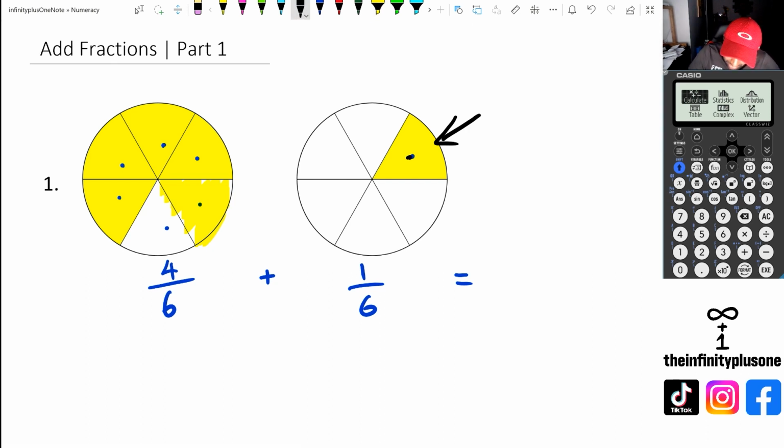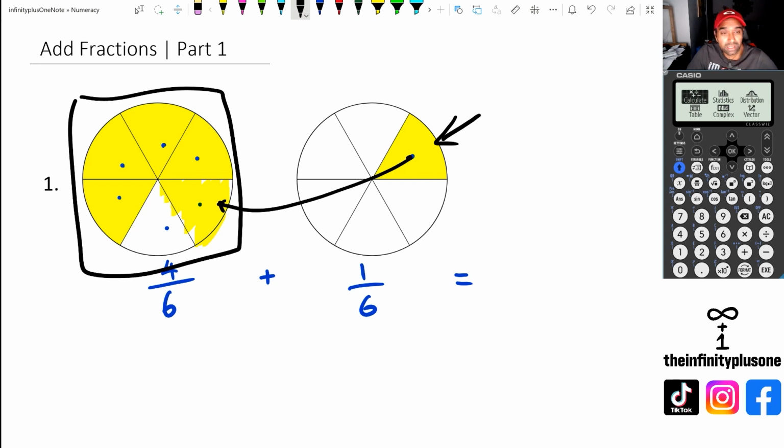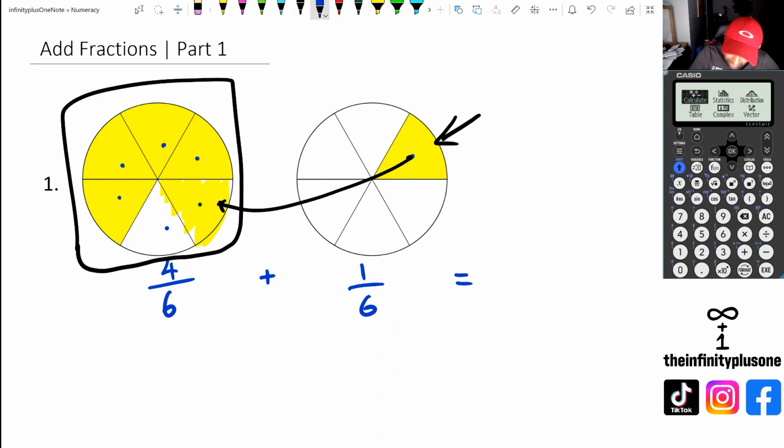So I've moved this piece from here to here, and now if you look at just this shape and how many of them are shaded, it's 5 parts that are shaded out of 6. Shouldn't have written over that. So we've got 5 parts that are shaded out of 6.